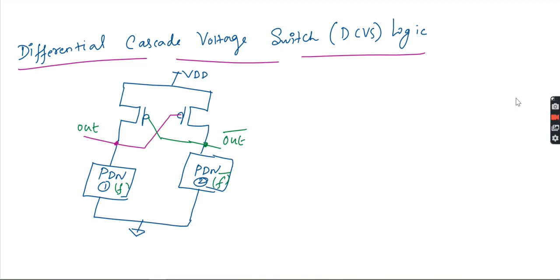This is DCVS logic. What are all the benefits we get with this? It provides a differential output signal.